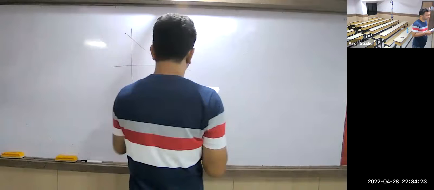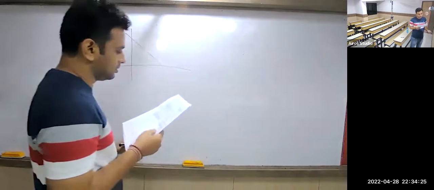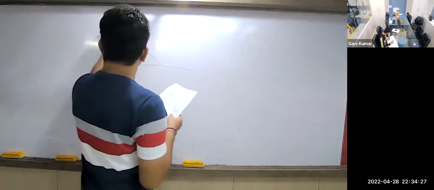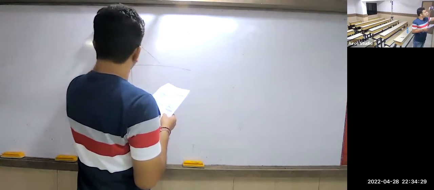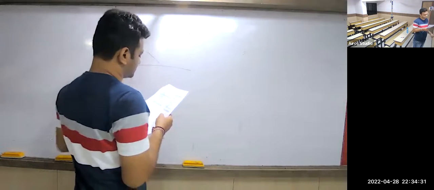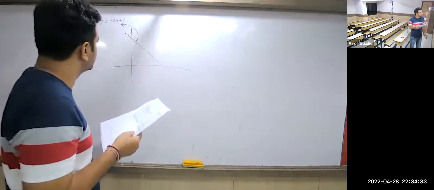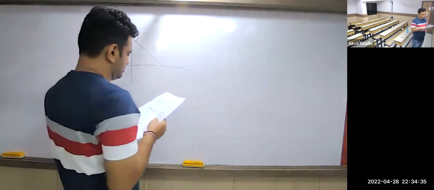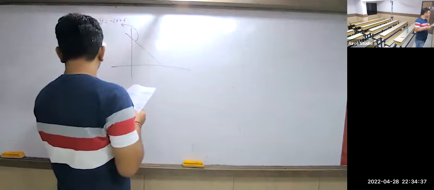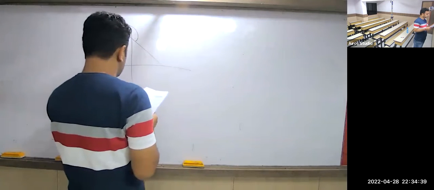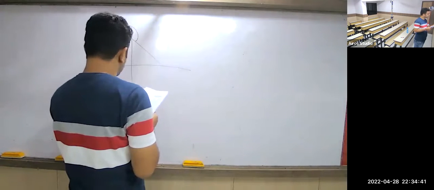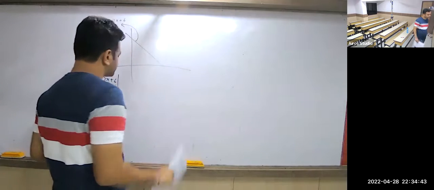Next, having one line, the equation is given as y equals -2x plus 6. Now I want the graph whose equation is y equals -2x plus 6.